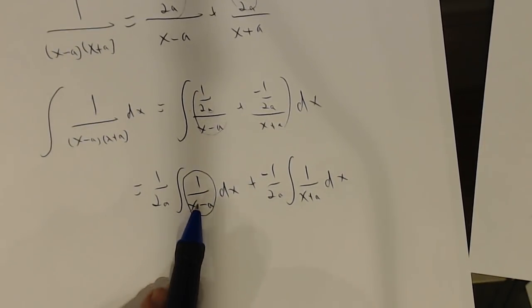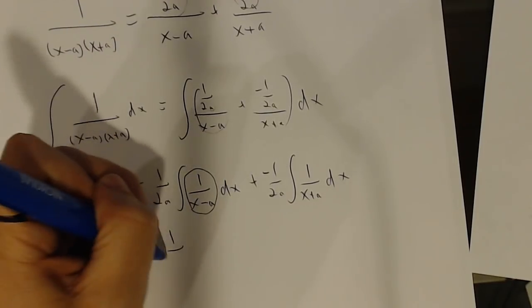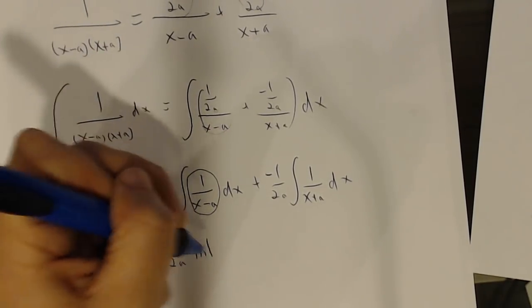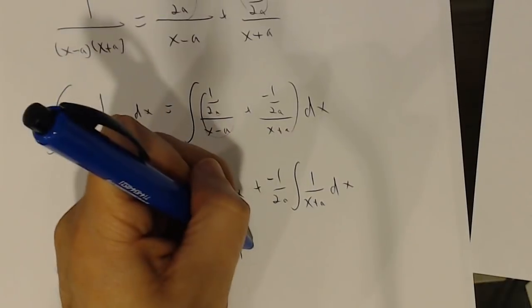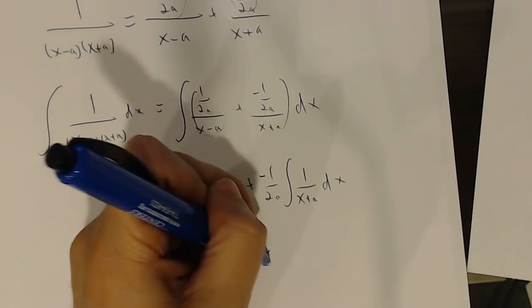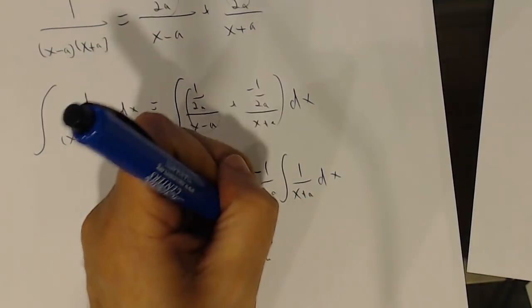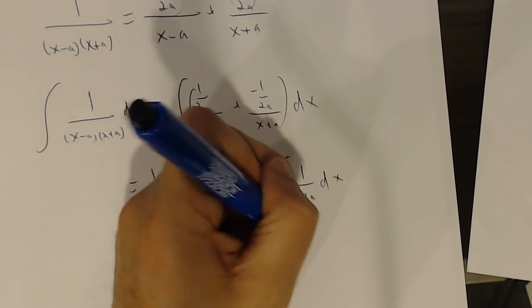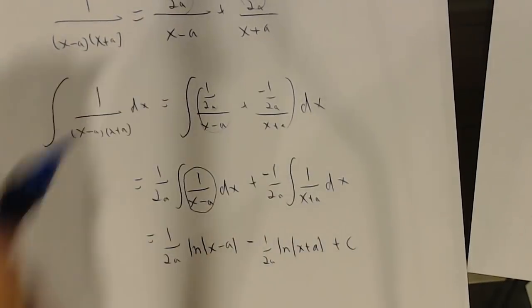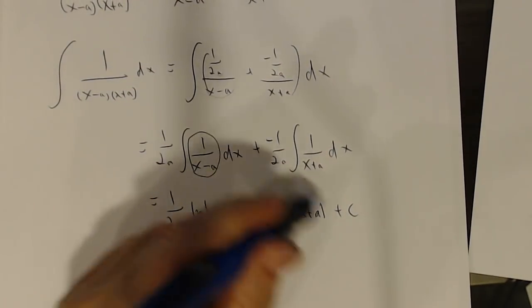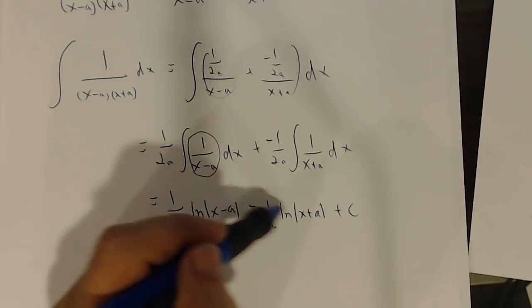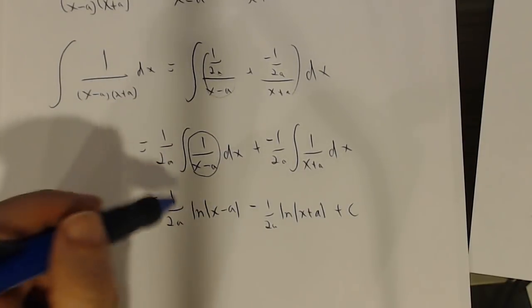You should know by now that this is natural log. So this would be 1 over 2a natural log of absolute value of x minus a, minus 1 over 2a times the antiderivative of 1 over x plus a, which is the natural log of absolute value of x plus a, plus c. Now, you could try to simplify this further because it's ln minus ln. You could write this as a fraction, but we would stop there.